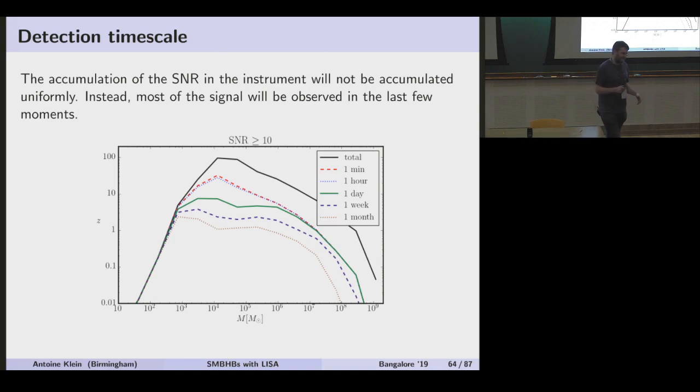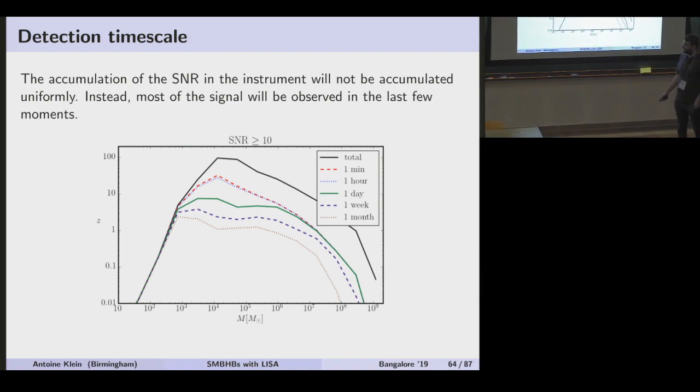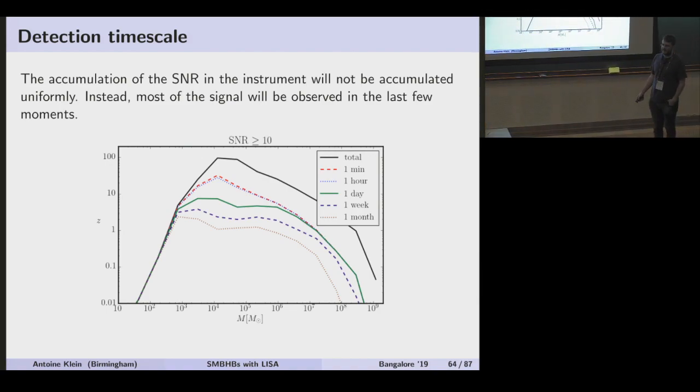So the signal-to-noise ratio threshold will probably be slightly higher than for LIGO, but an SNR of 10, I think that's reasonable. For EMRIs, you get a threshold of 20, and in terms of complexity, that's a completely different world. And this uses IMR, so optimal SNR using inspiral, merger, ringdown.